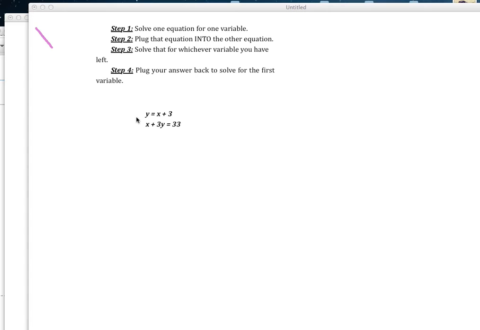Right away, it's not easy to graph this because I would need to get y alone here. And it's not easy to do elimination because in this one, the x and the y are on different sides of the equal sign, and in this one, they're on the same. In order to do elimination easily, we need them to be on the same side of the equation.